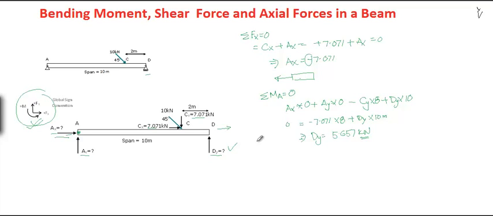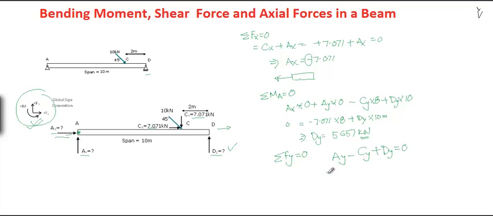Now use the third equation of equilibrium to solve Ay, which is summation of Fy equals 0. The equation is Ay upward positive minus Cy downward negative plus Dy upward positive equals 0.